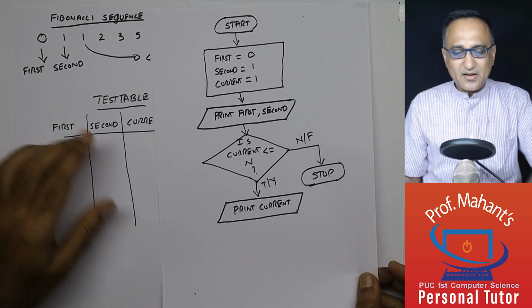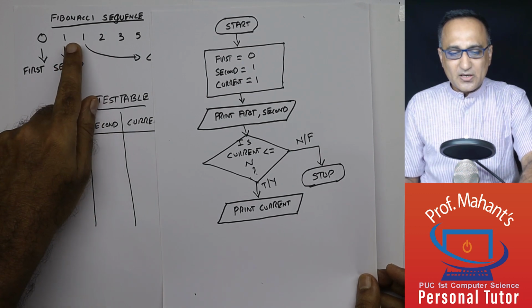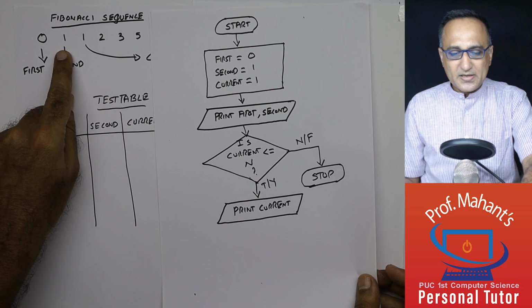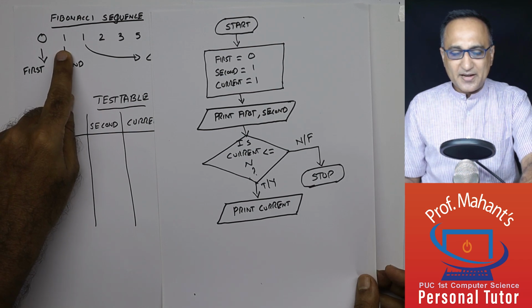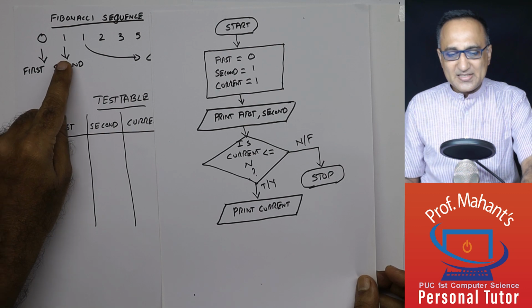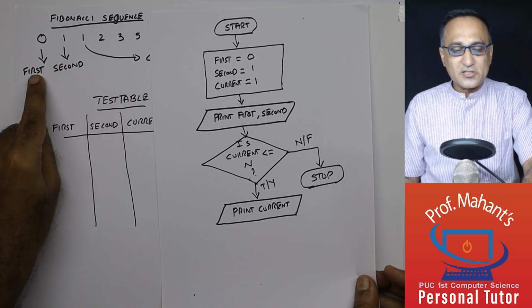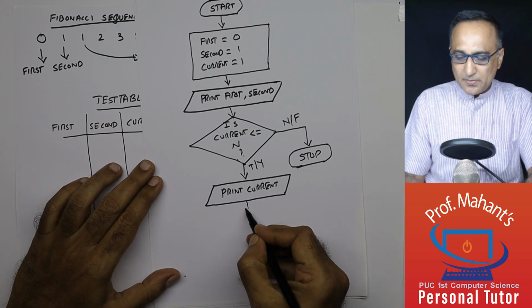If you see here, next time 2 is the sum of the current value plus the previous value, which happens to be second. What it means is first will take the value of second, second will take the value of current, and current is the sum of first plus second. So let me do it like this.